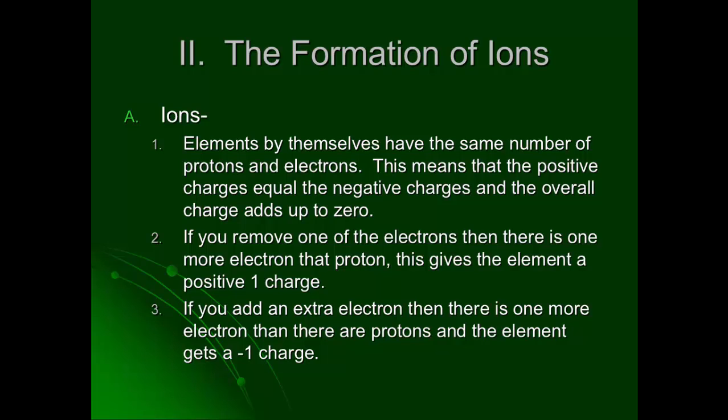If you add an extra electron, then you're adding a negative charge, so now you're going to end up with a negative charge on that ion because the proton number remained the same, but the electron number went up, so you've increased your negative charge.